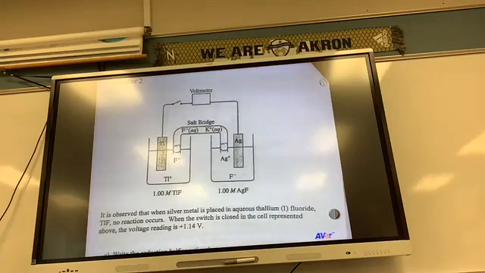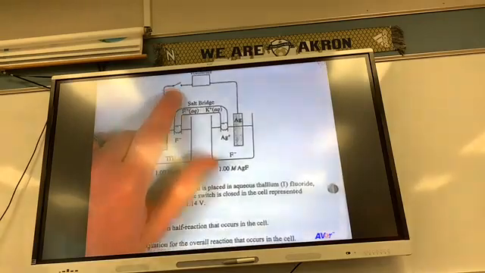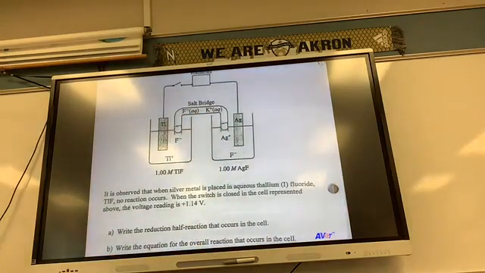Where's the value for thallium? You don't need a value for thallium. Why does it have a little vertical check up by the volt? Because that's the switch. I don't remember. Oh, I'm aggravating right now.